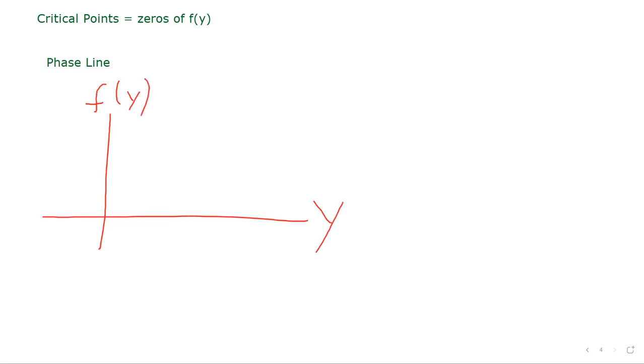So be careful here. This is not a t versus y. This is not an x versus y. This is y and then our f of y. And so the f of y is basically your derivative. So it's basically y versus its derivative that we're graphing.